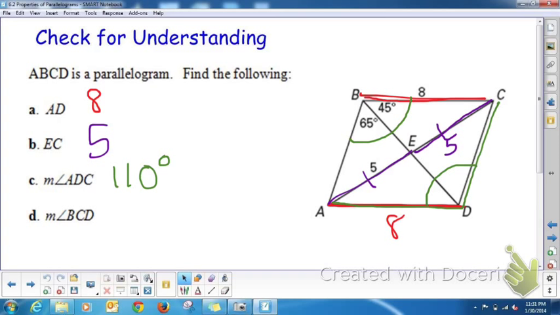Lastly, if I want to find the measure of angle BCD, that's this angle here. If ABCD is a parallelogram, then I know consecutive angles are supplementary. If this angle is 110 and this angle is 110, then I know that angle BCD is supplementary to them. So that would make it 70 degrees, because 110 plus 70 equals 180.